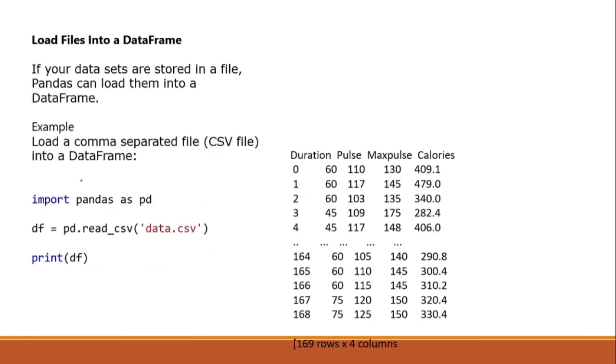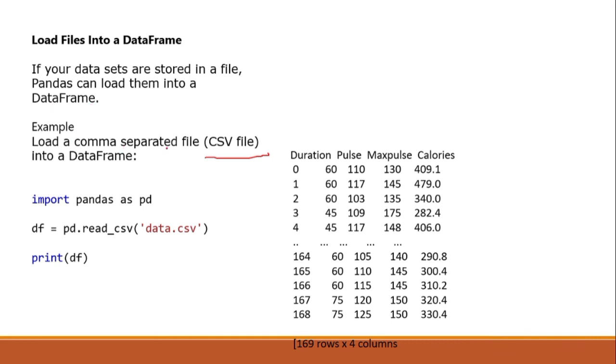There are n number of uses of pandas, but we will limit ourselves to our embedded or IoT applications. You need CSV files, where a lot of data is there in the comma separated values file. So if your data sets are stored in a file, pandas can load them into a data frame.